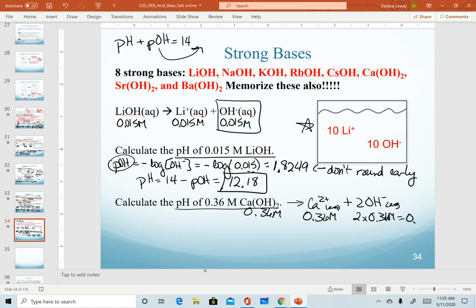And that will be 0.72 molar. Now I go through the same steps I used up above for the lithium hydroxide. I'm going to take my pOH first. Again, I'm going to keep extra digits here because it is not my final answer. And to get pH will be 14 minus that value.